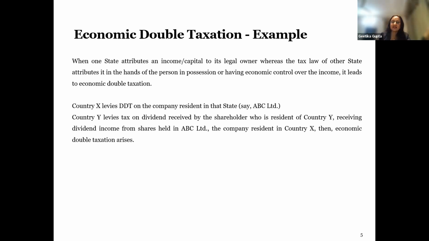When it is receiving the dividends in US, it is also getting taxed in the other country because of its domestic tax laws. So this is a case of economic double taxation. Next slide, please.